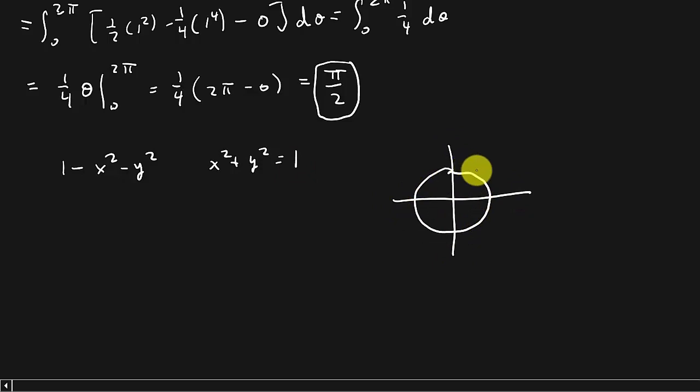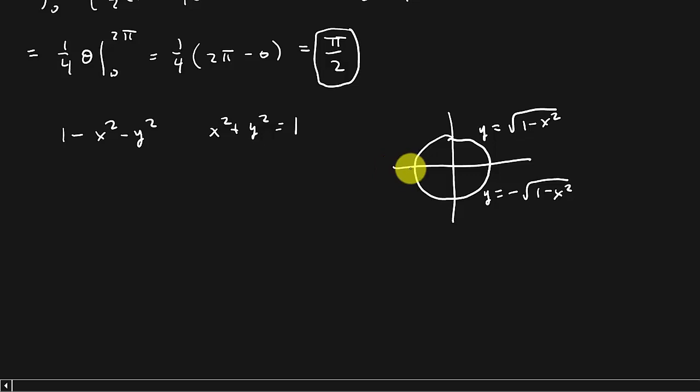So remember, the top half of this circle is y equals the square root of 1 minus x squared, and this is y equals negative square root of 1 minus x squared. Okay? And we're going from what? From -1 to 1.